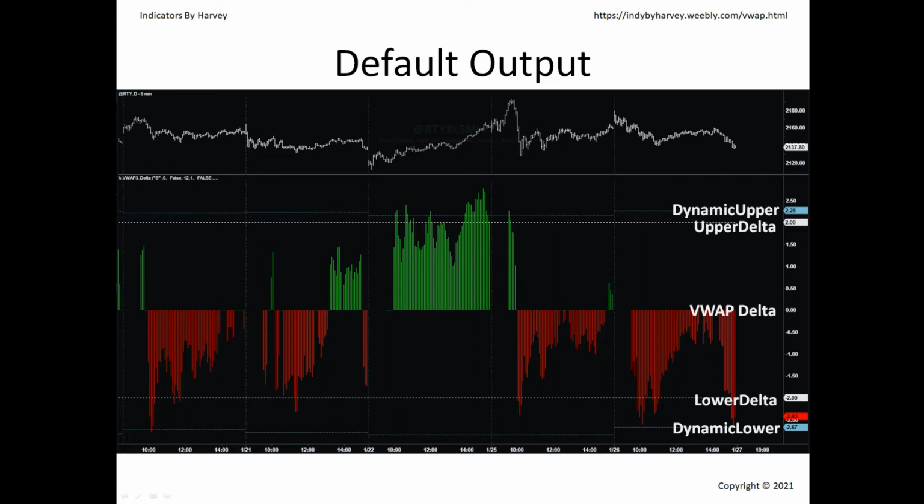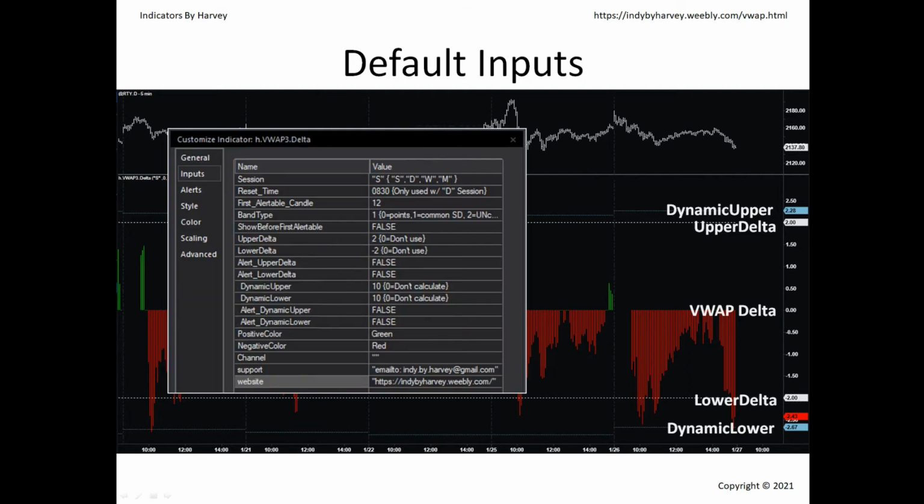Dynamic upper and dynamic lower are calculations performed by the indicator to look at previous days' performance of price versus VWAP and make an estimate for where the maximum excursion up and the maximum excursion down might be for that trading day. Let's take a look at the Inputs tab for this study.